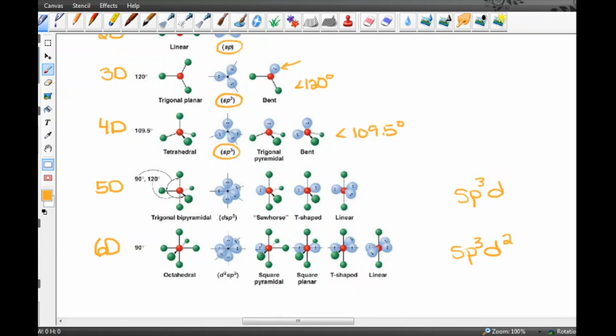So it doesn't matter where the substitution takes place. When there's 1 lone pair, it's square pyramidal. 2 lone pairs, and it'll push it back planar, square planar. 3 lone pairs, T-shaped. And 4 lone pairs, linear.